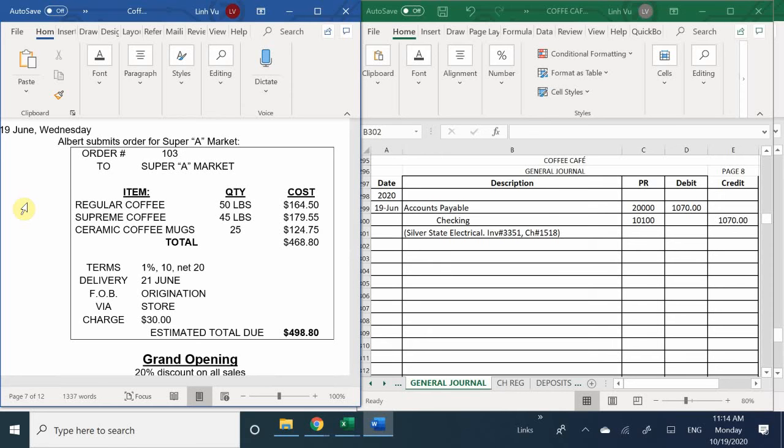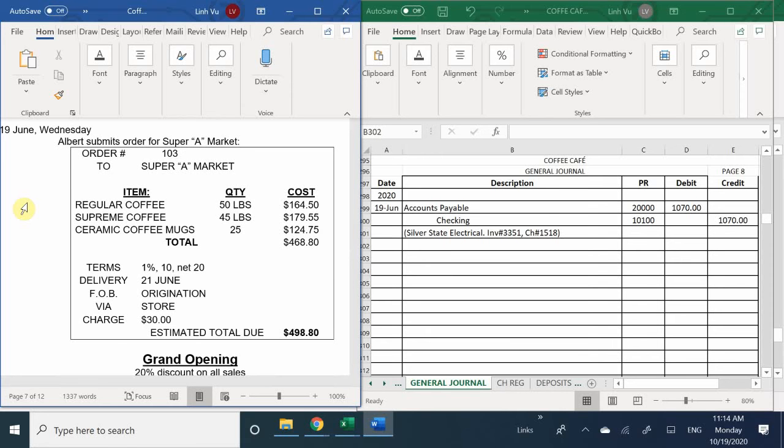Order number 103 for regular coffee, chicken coffee, and ceramic mug. Okay. So it's with the terms 1%, 10, net 20. Okay.